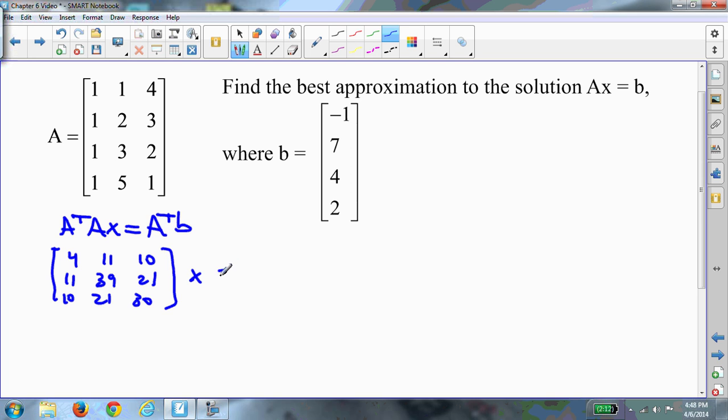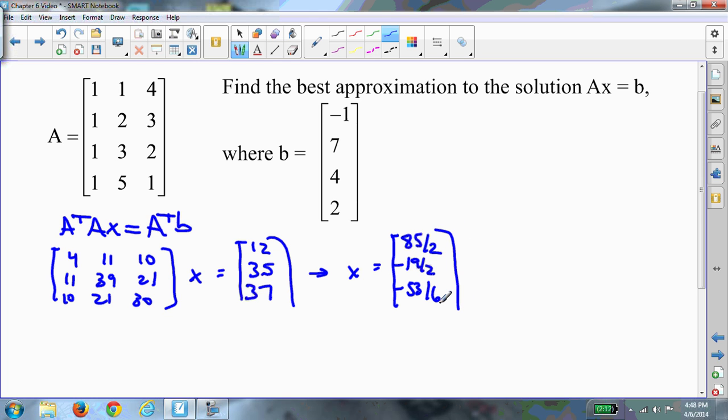It equals A transpose B, which came out to be 12, 35, and 37. Solving for x, I can do the inverse of A transpose A, and I get x equals, oh dear, let's see if I can read my handwriting. I think it was 85 over 2, negative 19 over 2, and negative 53 over 6.